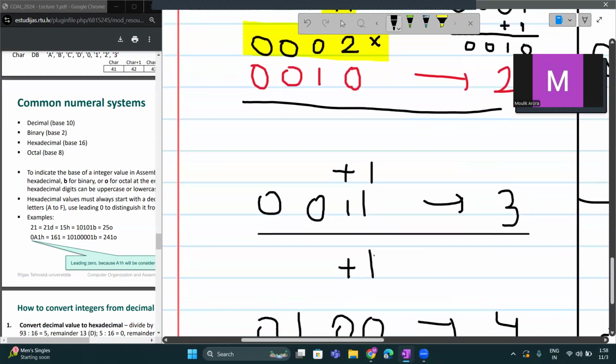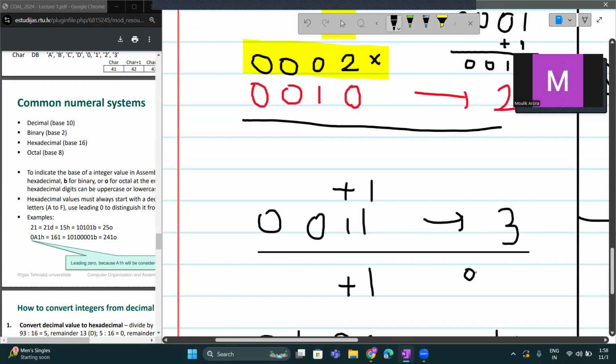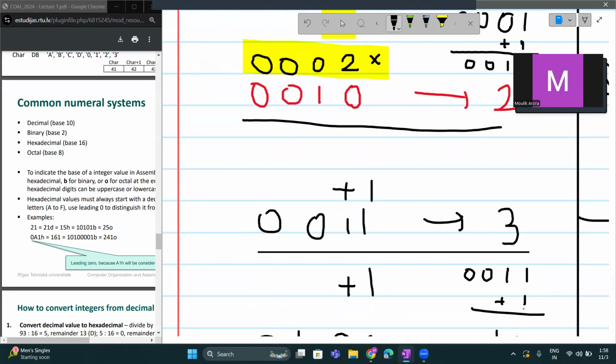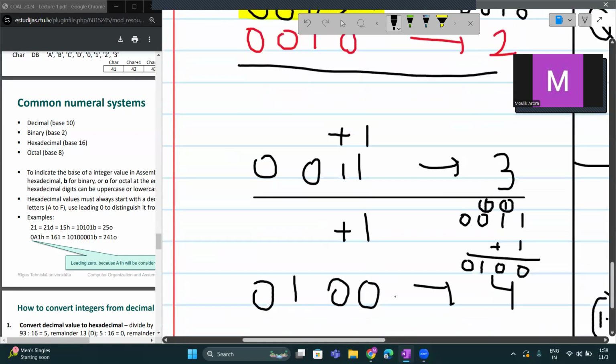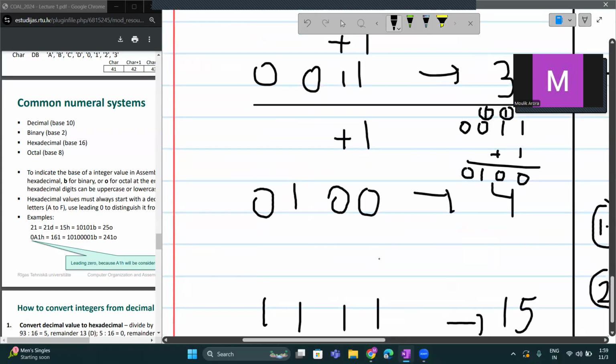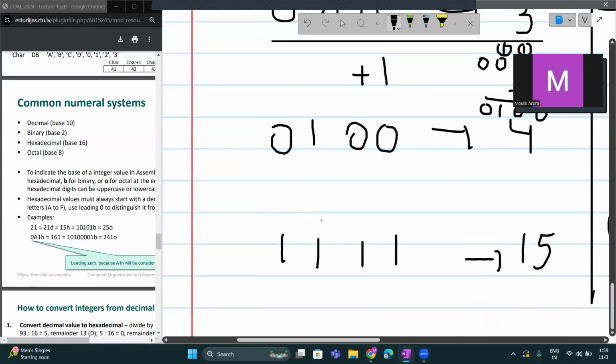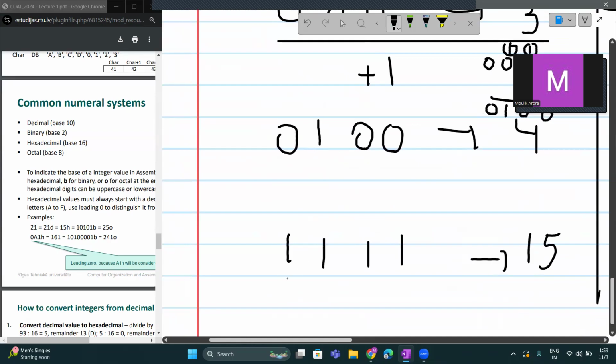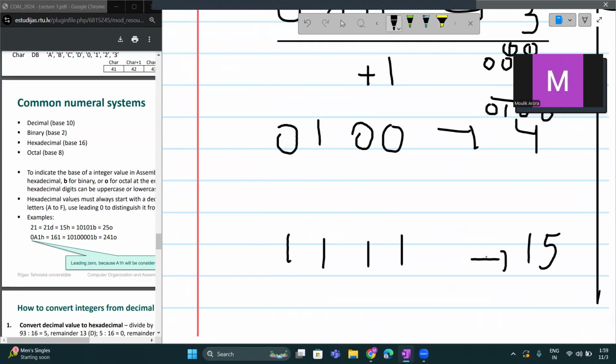Again, when we add one more one, 1 plus 1 is 0, 1 gets carried on, 1 plus 1 is again 0, carry on. This is how we get 0 1 0 0, which is 4. This is how we can represent exactly 16 values, and the final value is when all are ones, that is 15.